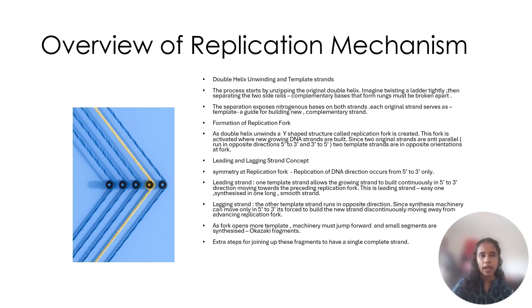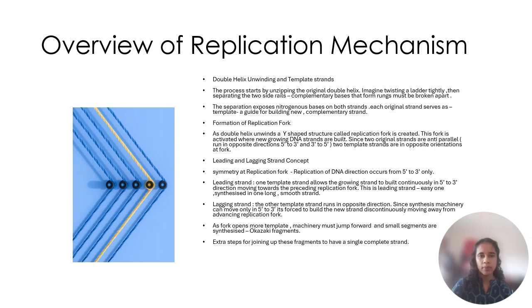For the lagging strand, the direction of nucleotide polymerization is opposite to the overall direction of the DNA chain. So the synthesis is discontinuous, like back-stitching, since DNA polymerase can only synthesize from 5' to 3'.